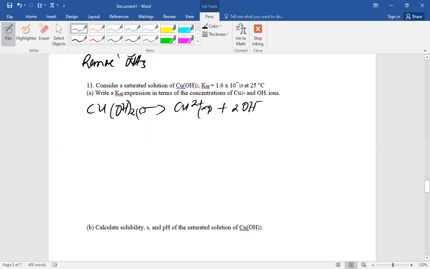So KSP is the concentration of copper 2 times the concentration of OH to the power 2. In aqueous, this one is solid. So that would be our KSP.